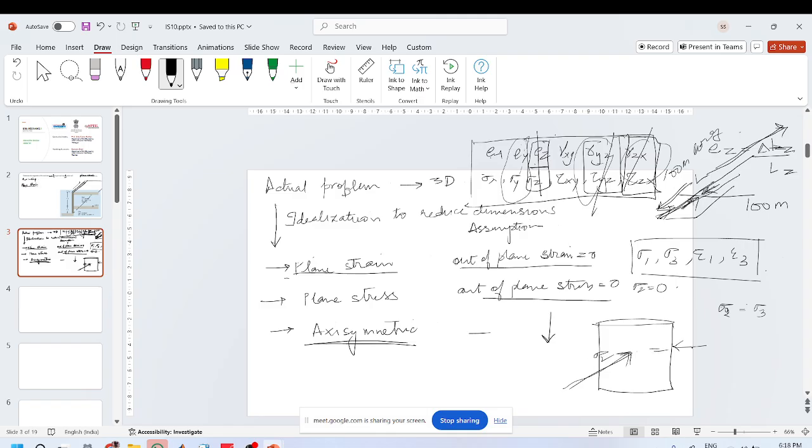So I'll not go into the derivation, but what we are left with is two stresses, sigma r and sigma theta, basically the stress in this direction, the stress in this direction, and what we want to know is the hoop stress, which is called the sigma rz.